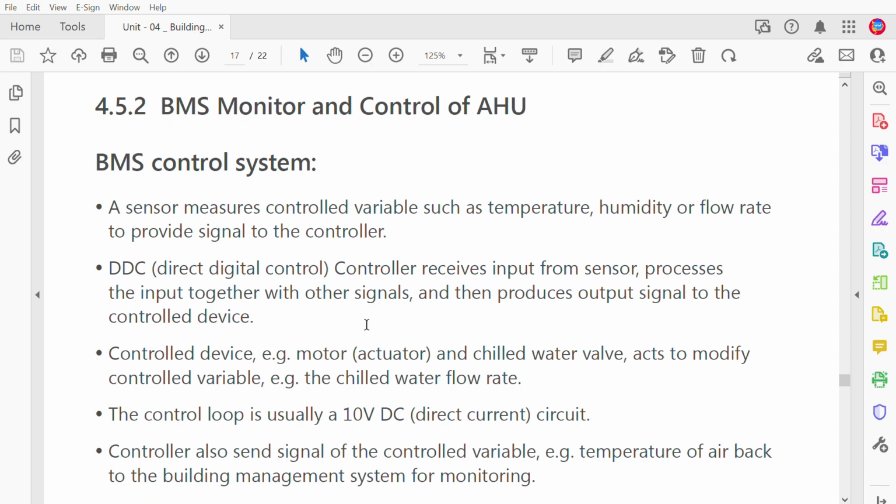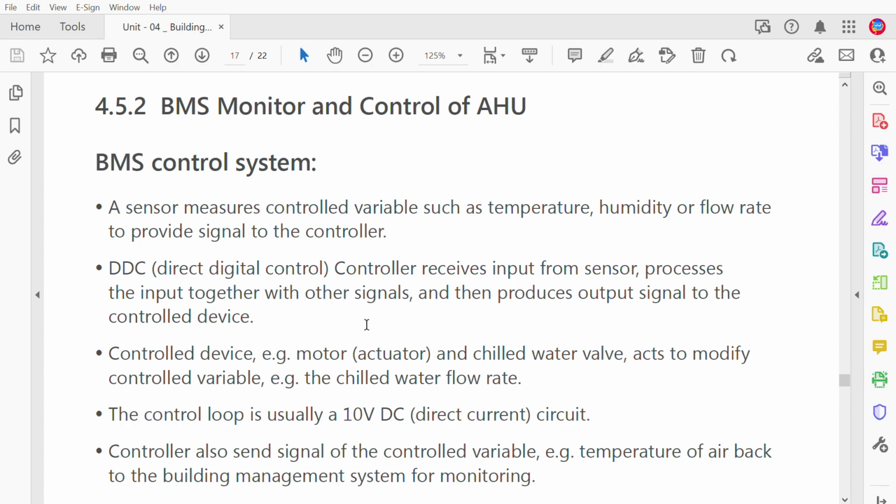In BMS control systems, the sensor measures control variables such as temperature, humidity, and flow rate and sends them to the controller, and then the DDC, which is the direct digital controller, receives input from the sensors, processes it, and then sends it out to the control device.